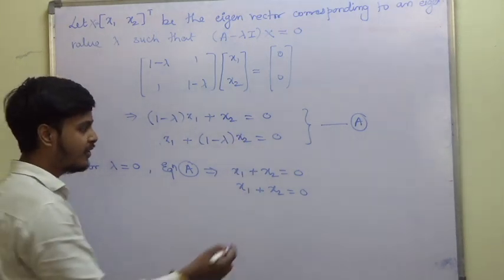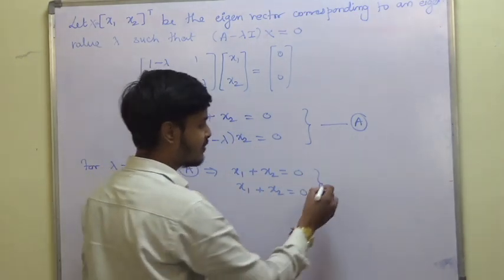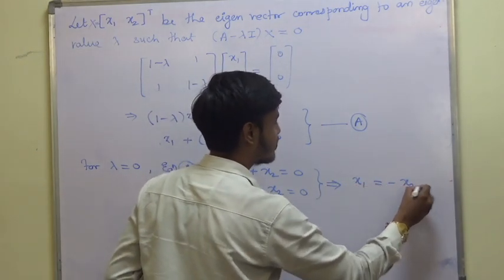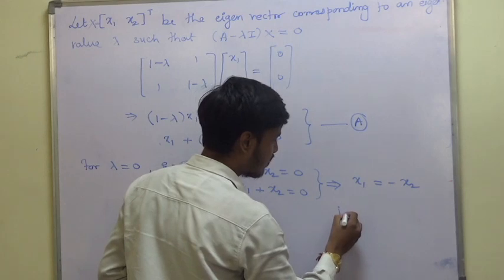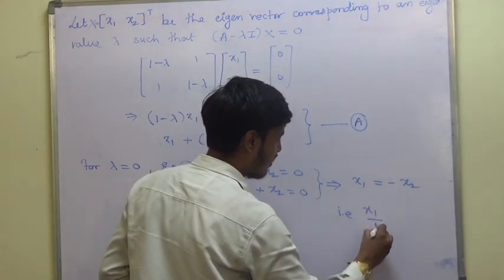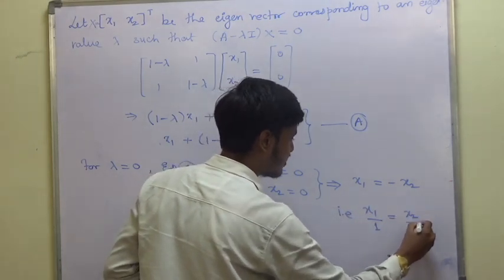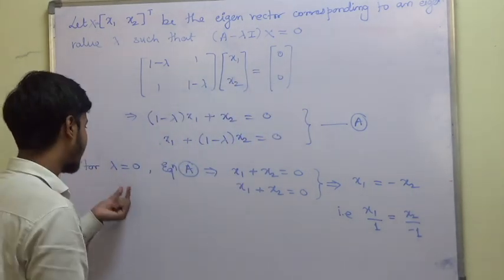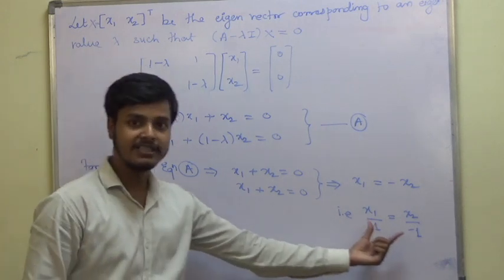Simple. Now both the equations are same, so both the equations will imply x1 is equal to minus of x2. I can write this one as x1 upon 1 is equal to x2 upon minus 1. Simple.